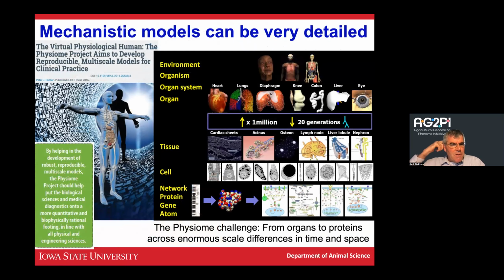If you look at humans, there's a lot of interest from a medical side to develop mechanistic models of human development, from the gene level to the cellular level to tissues to organs to the individual as a whole, to try to model all of that.